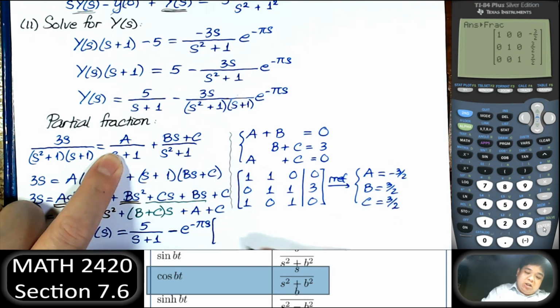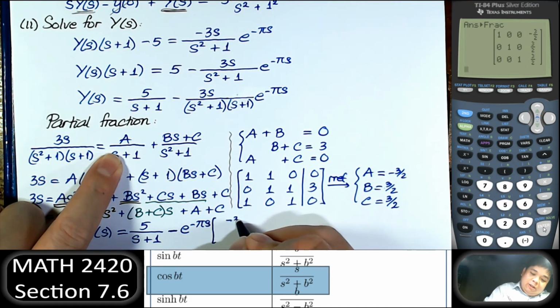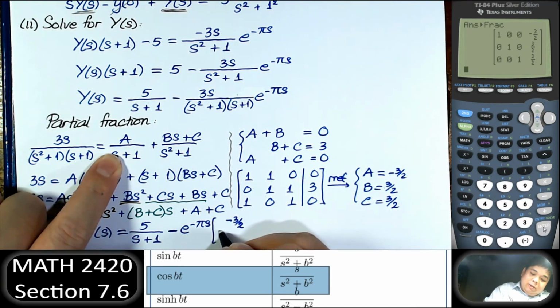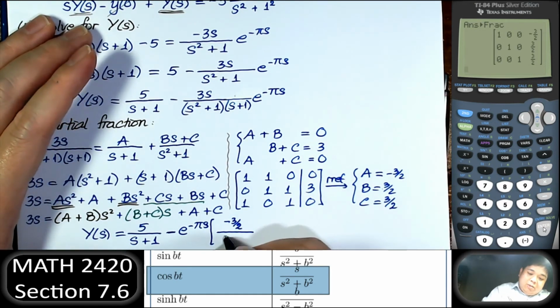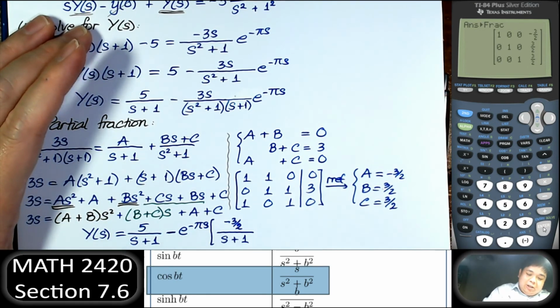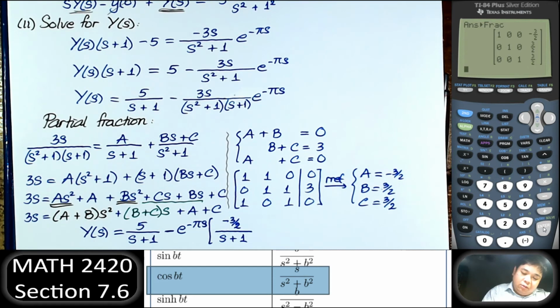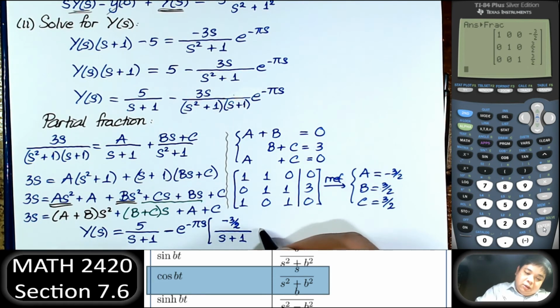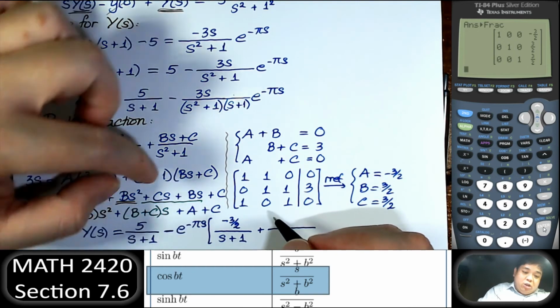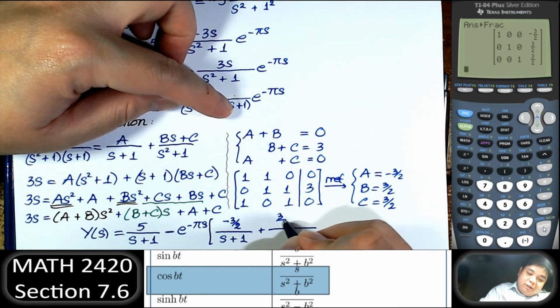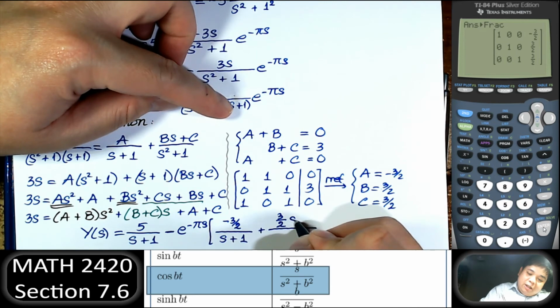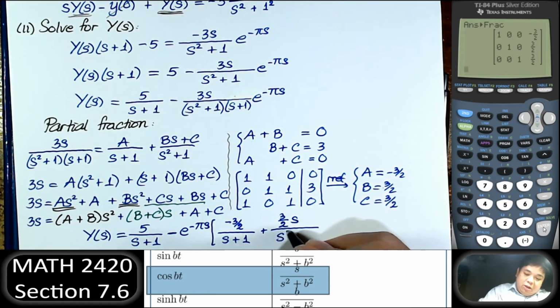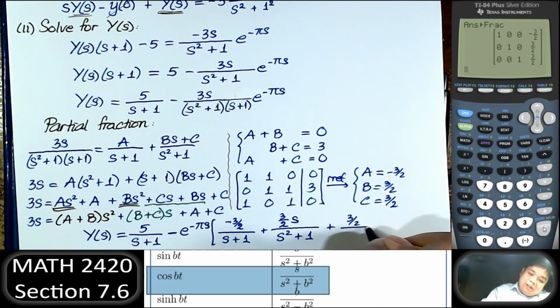Use the partial fraction, we have negative 3/2 over s plus 1, plus, I would split this and I would write 3/2 s over s squared plus 1, plus 3/2 over s squared plus 1.